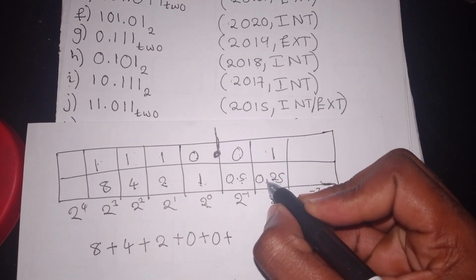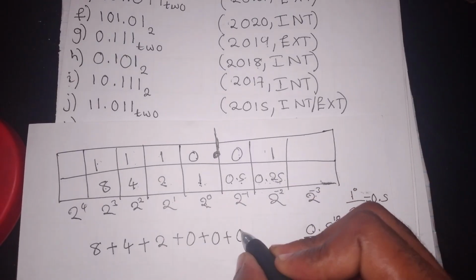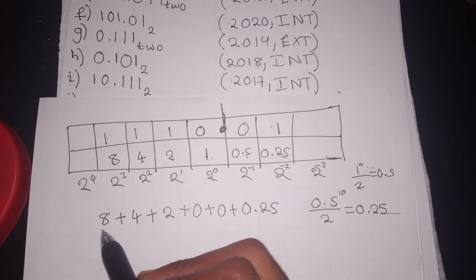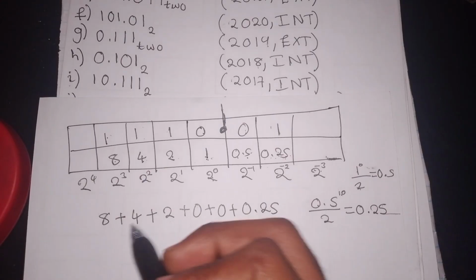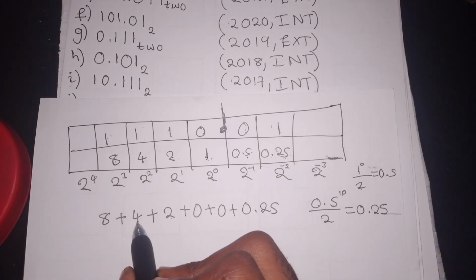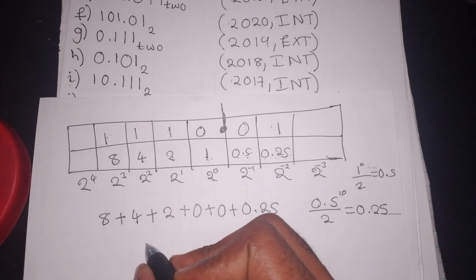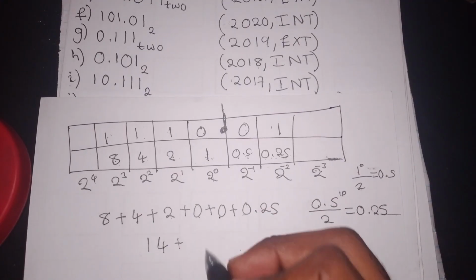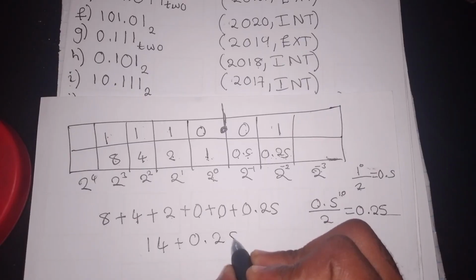Then 1 multiplied by 0.25 is 0.25. Now you can add them. Let's add the whole numbers first. 2 plus 4 is 6, plus 8 we have 14. And then 0 plus 0 plus 0.25 is 0.25.